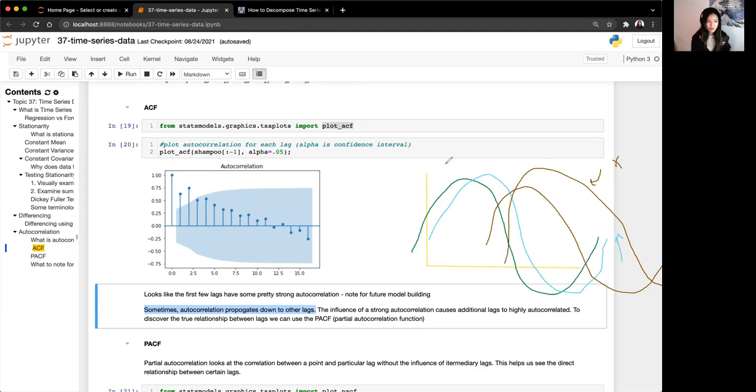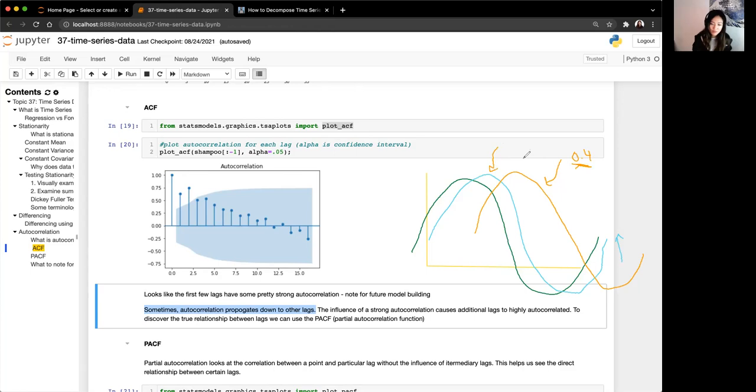So because of that, we can say that sometimes a lag that is over here has a correlation value of, for example, 0.4. How much of this 0.4 correlation is because these other lags were already pretty correlated? So that's why we need to look at partial autocorrelation. How much is the correlation of this orange line without the effect of the correlation of the blue line?